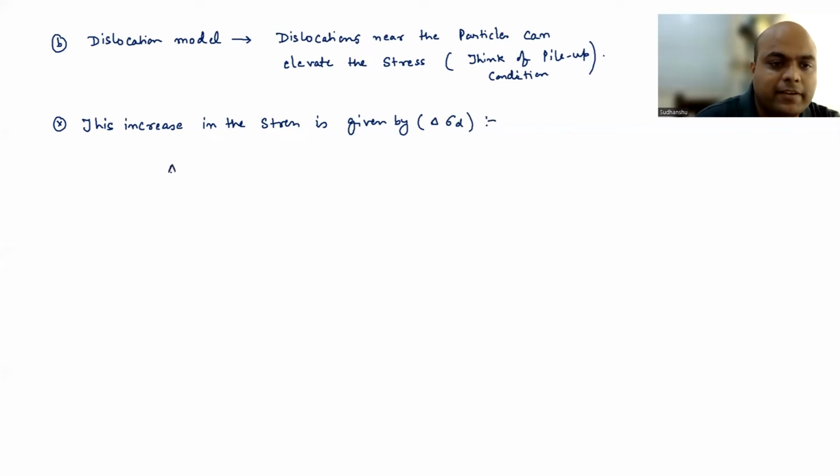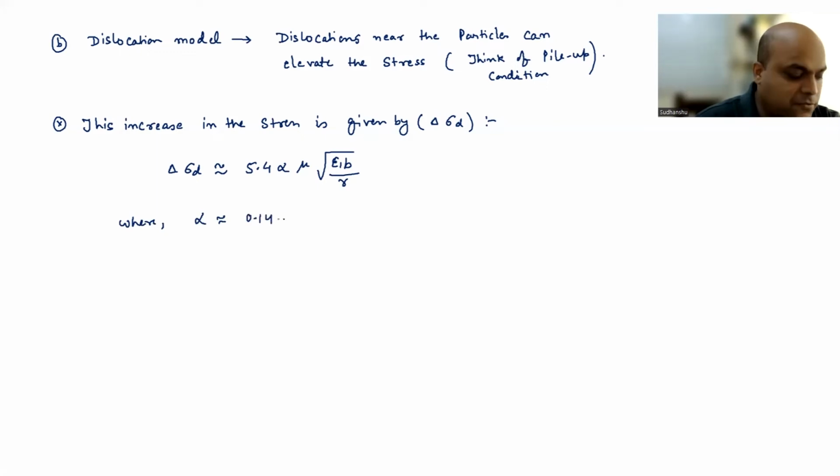There is an empirical relation, and that is given by delta sigma d equals 5.4 alpha mu epsilon 1 times the square root of b over r, where alpha value goes from 0.14 to 0.33. Mu is your shear modulus.